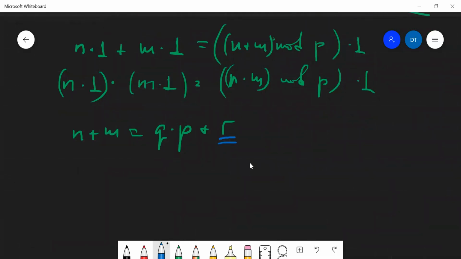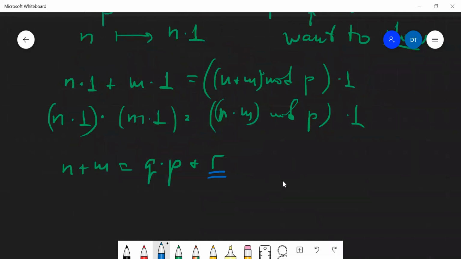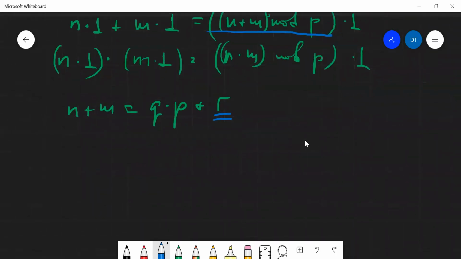So we want to show that n times 1 plus m times 1 equals r times 1. We know that n times 1 plus m times 1 equals (n plus m) times 1.